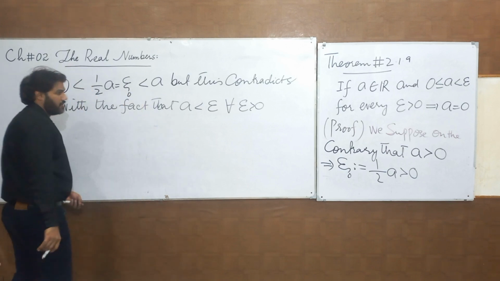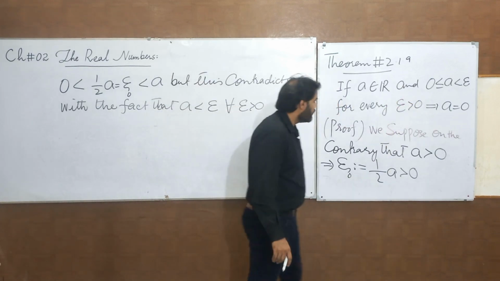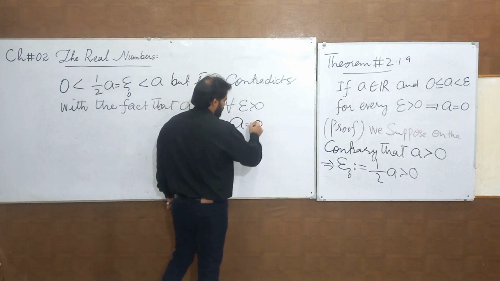Hence our assumption is wrong. So a is less than or equal to 0, and this shows that a is equal to 0.